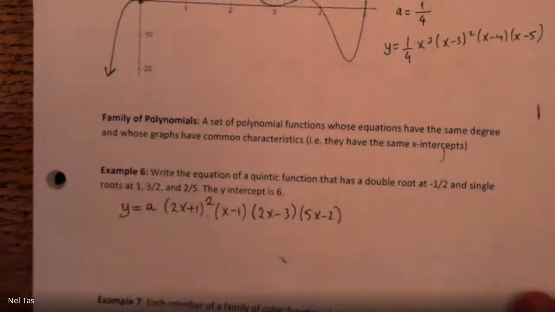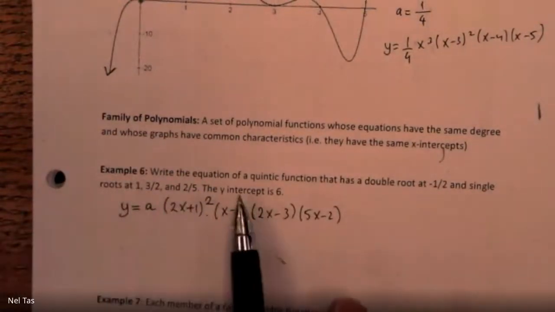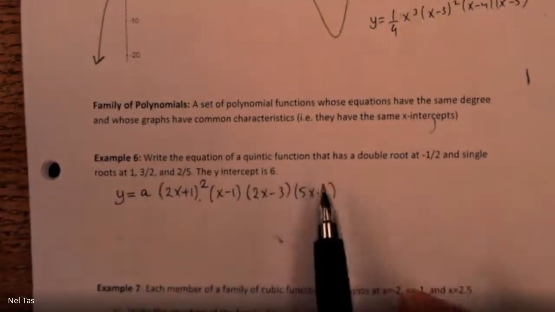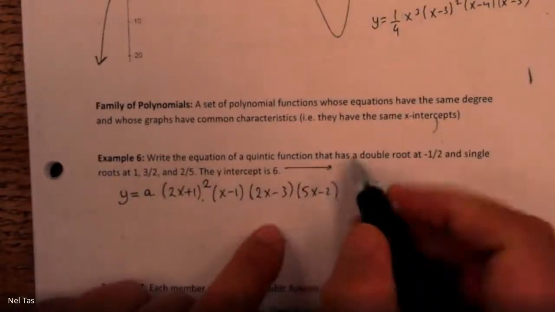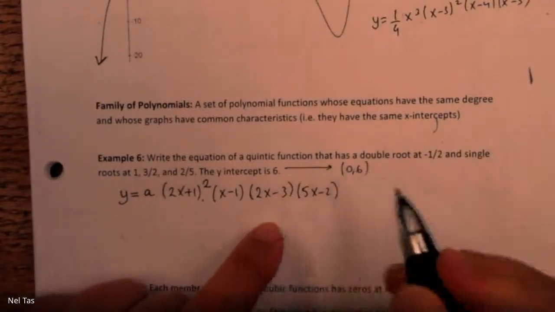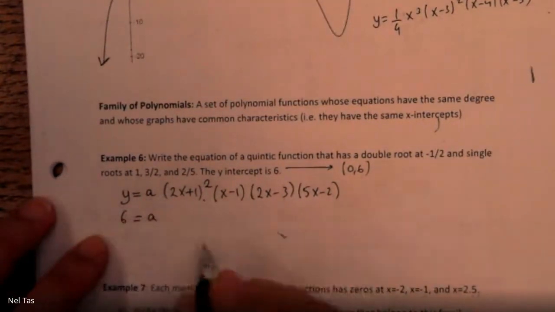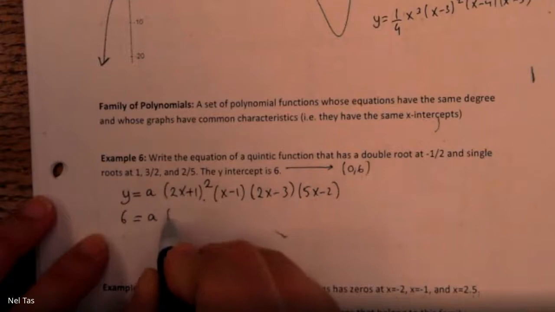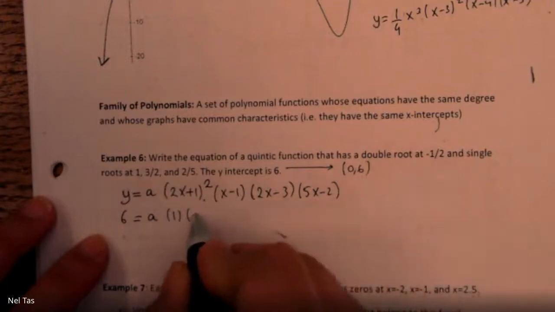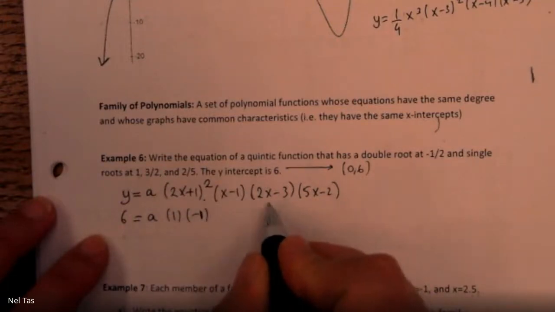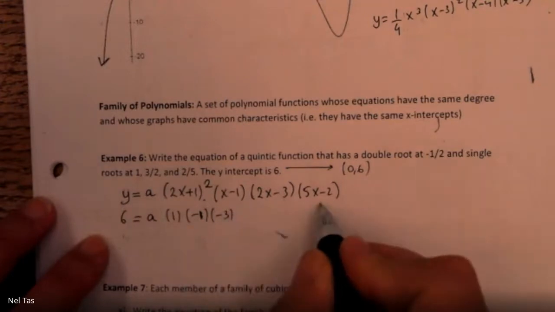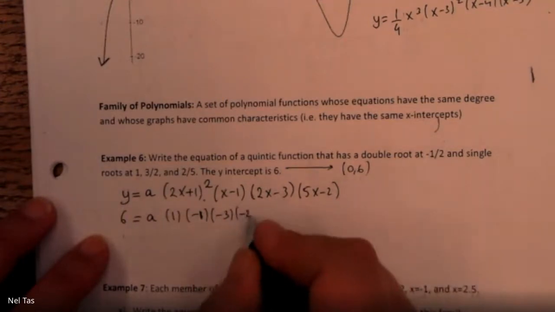Okay. Now we are going to solve for A. So a point is given to you, y-intercept. So then x coordinate is 0, y coordinate is 6. So then 6 equals A. 1 squared is 1, -1, -3, -2.